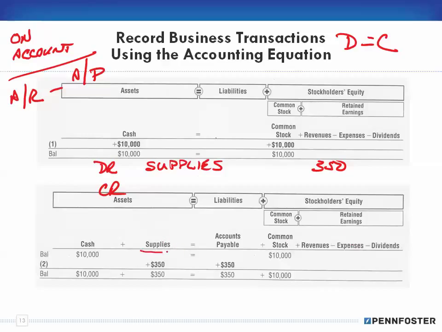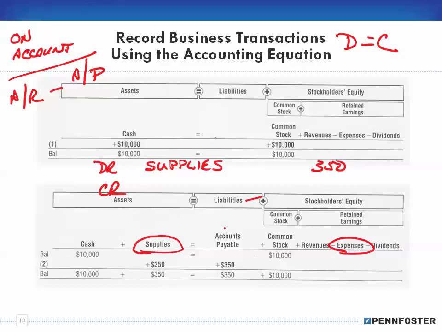If we buy the supplies and we're going to inventory it, okay, we own the inventory. But if we buy a supply and we immediately put it to use in the business, it would be an expense, right? So we're buying the supplies as an asset and we still owe the money. So that means we have to look at a liability account.